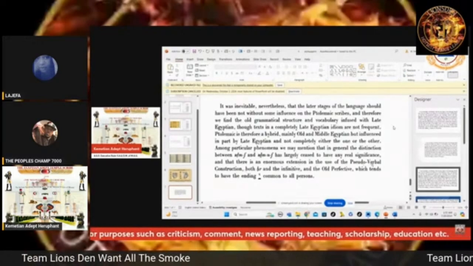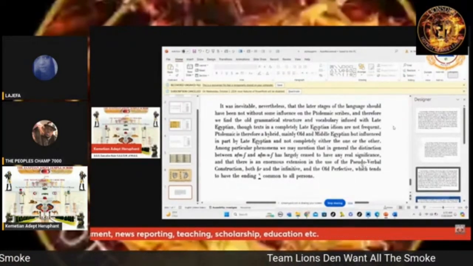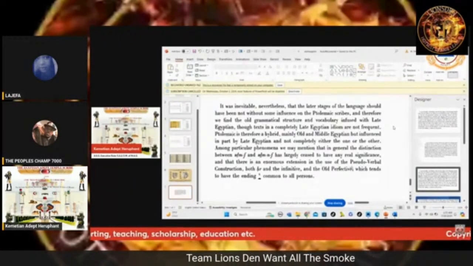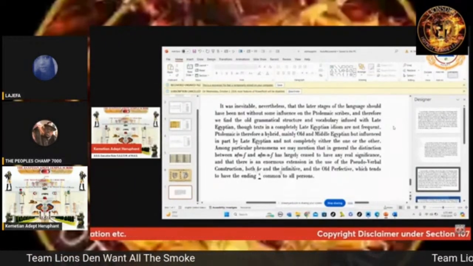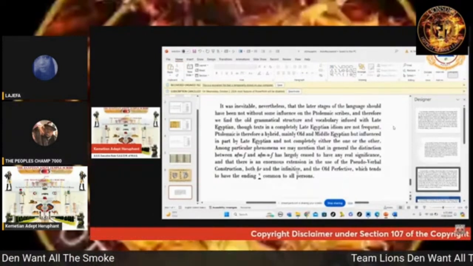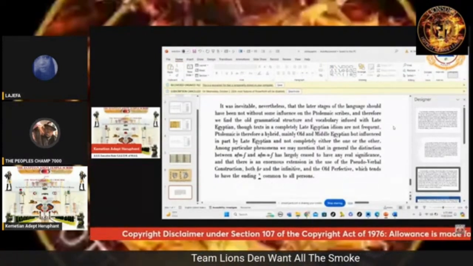Y'all already seen the word pseudo mean fake. It means sham. It means bogus. So I'm telling you that Ptolemaic hieroglyphs use pseudo-verbal construction, both an infinitive of the old perfective, which I'm telling you, like I done killed all common person. This is overkill, bro.